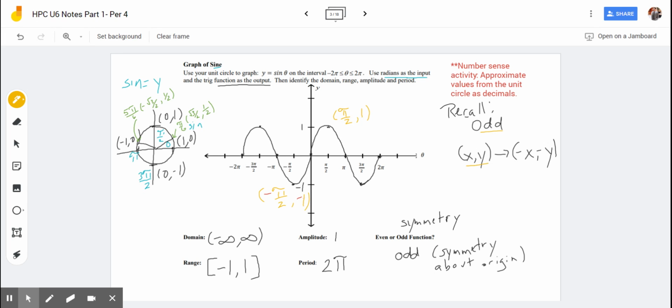We went from both being positive to both being negative. Basically, you're changing the sign of both of the values. All right, so these are all the key points for our sine function.